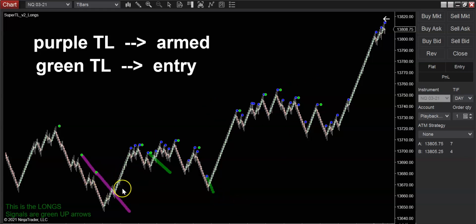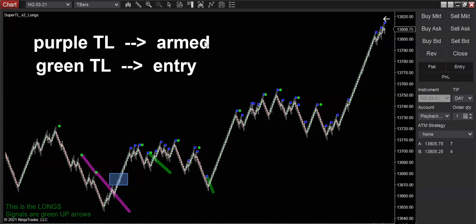So whenever the purple trend line breaks to the upside, you can consider the strategy as being armed. What does armed mean? Armed means the system, the robot, is standing by, awaiting orders, but it's not going to actually take any trades. It's just in armed status.